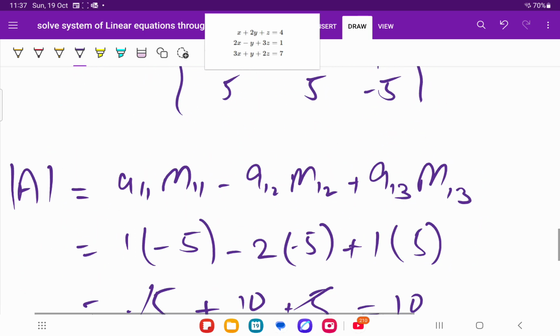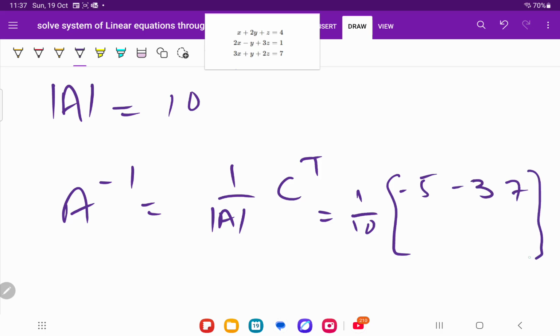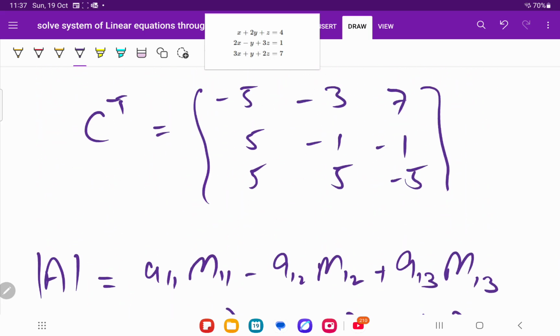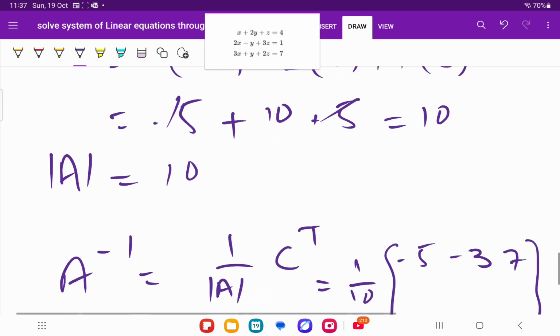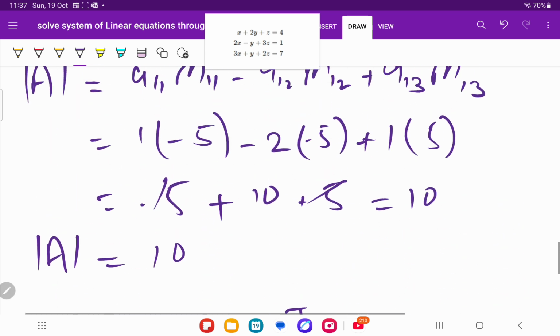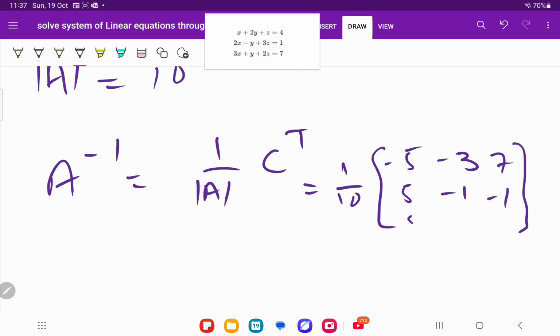Minus 5 minus 3 7. Minus 5 minus 3 7. 5 minus 1 minus 1. 5 minus 1 minus 1. And 5 minus 5. 5 minus 5.